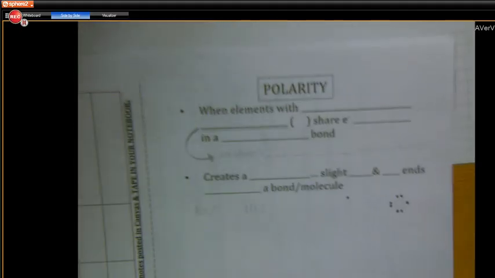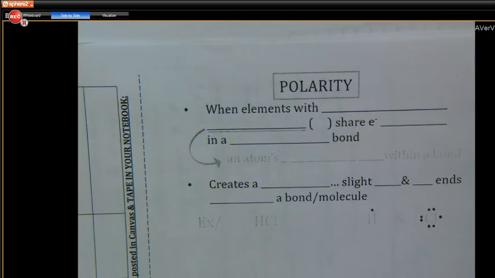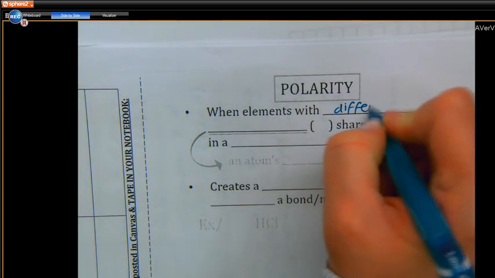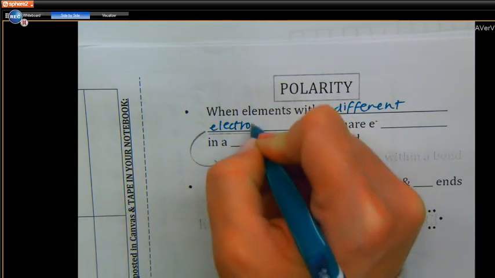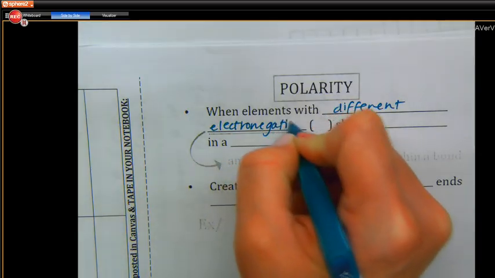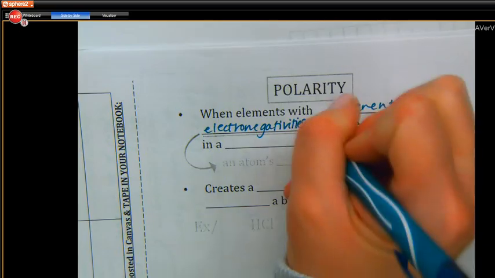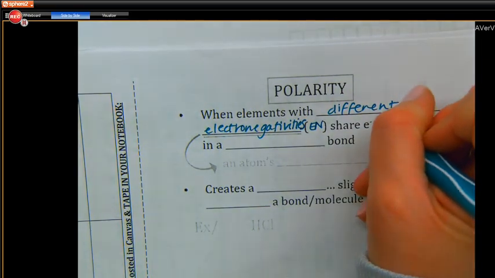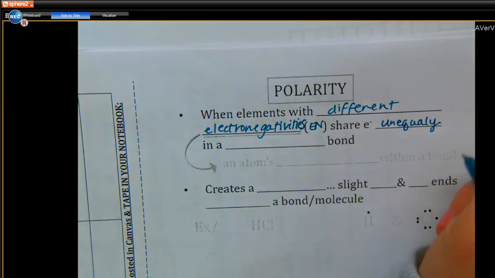So in a covalent bond, we get what we call a polar bond when elements with different electronegativities share electrons unequally. Remembering that electronegativity is an atom's ability to attract electrons within a bond.